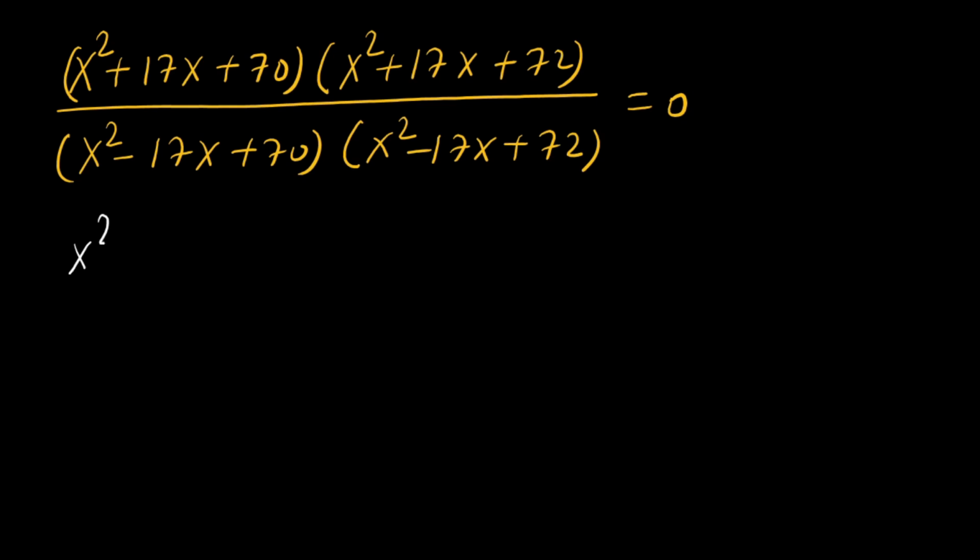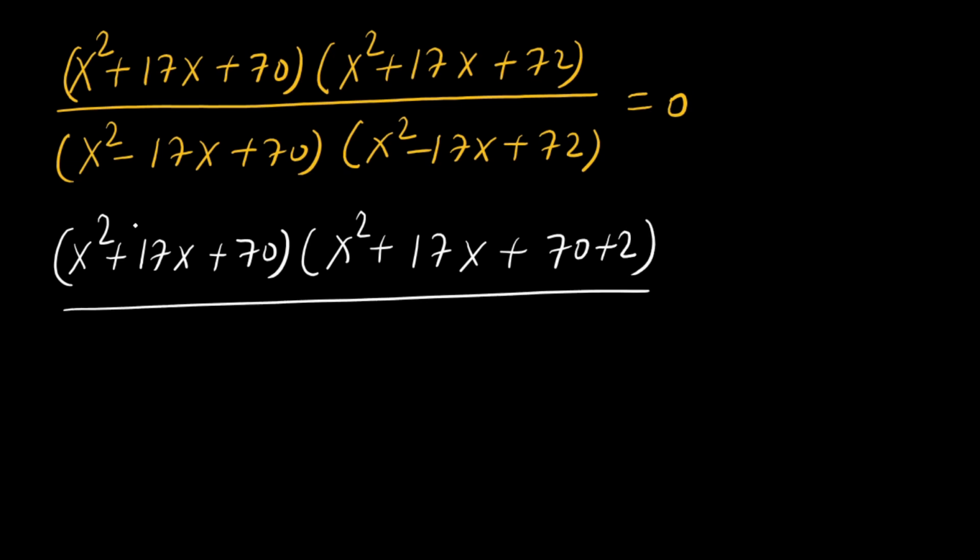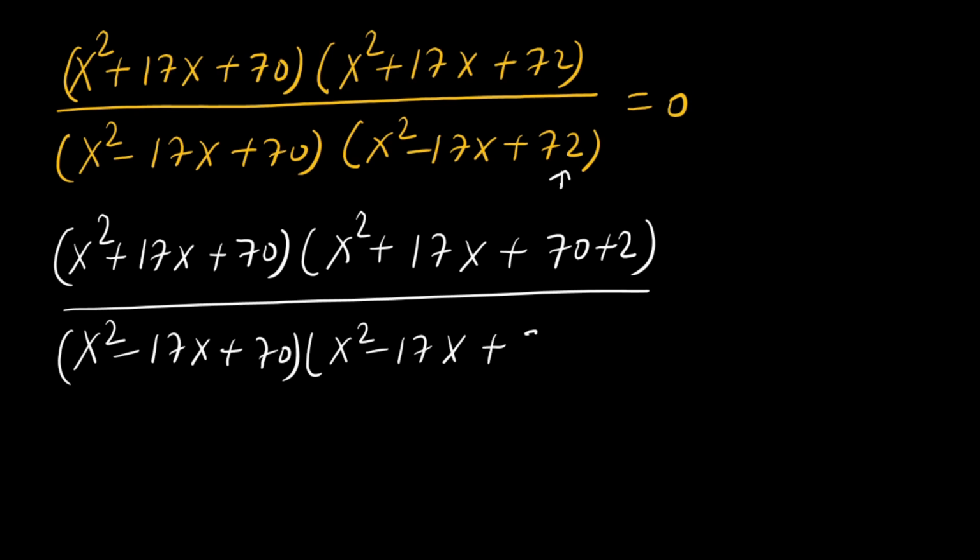So (x square plus 17x plus 70) multiplied by (x square plus 17x plus 70 plus 2), divided by (x square minus 17x plus 70) multiplied by (x square minus 17x plus 70 plus 2), and this is equal to 1.